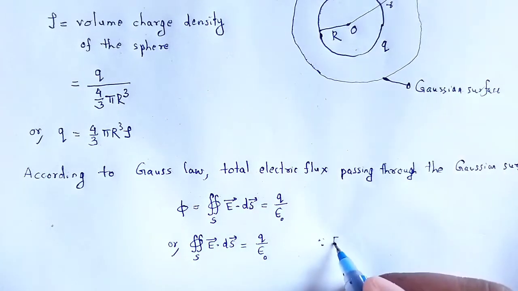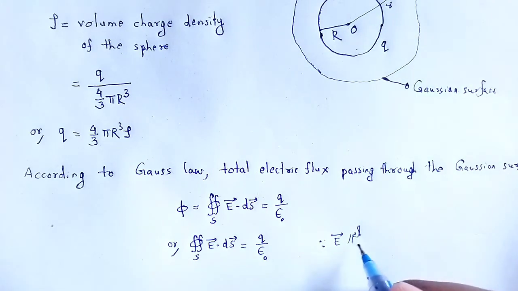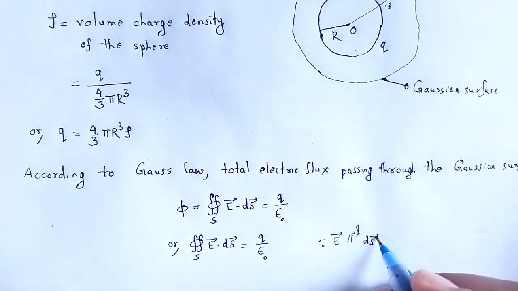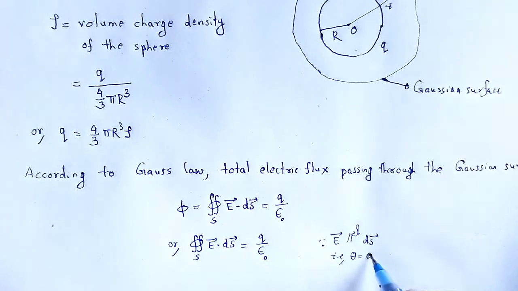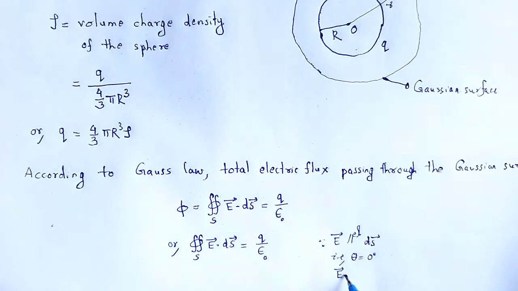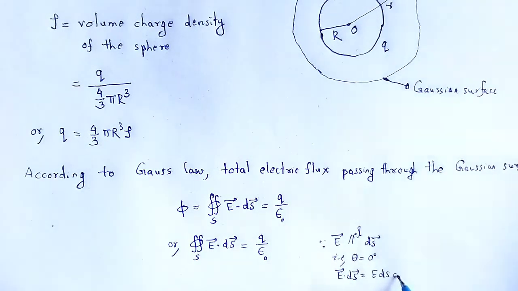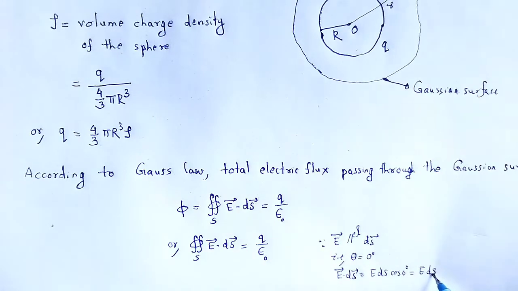Here E vector is parallel with ds vector, so theta will be 0 degree. So E dot ds means E ds cos 0 degree, and cos 0 degree is equal to 1, that is E ds.